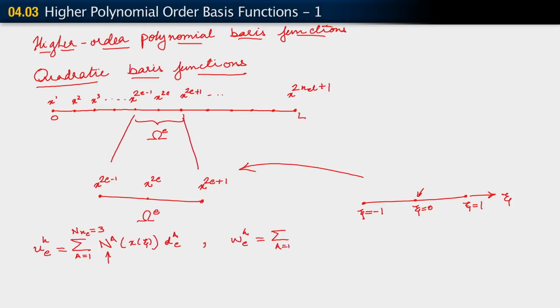A equals 1 to the number of nodes in the element, N_A(x), also parameterized by c through our mapping, multiplying c_A^e. Okay, and the question that we are going to address over the next few minutes is just how do we construct these N_As for the case of quadratic basis functions, right?